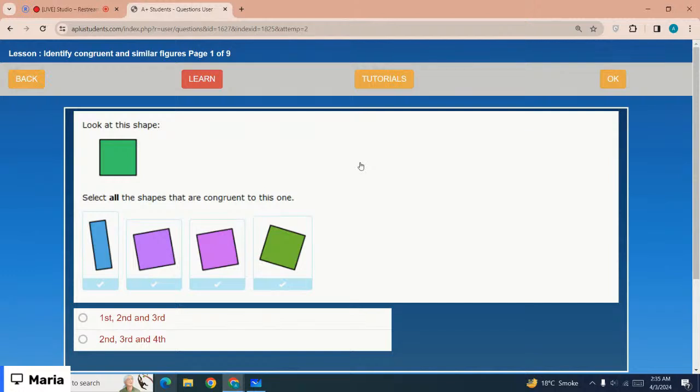Yes, second, third, and fourth is the correct option, right? Because they all look exactly the same. So the correct option is second, third, and fourth.